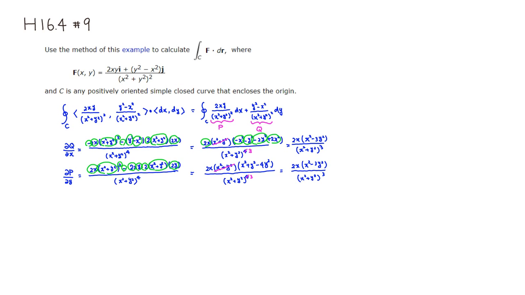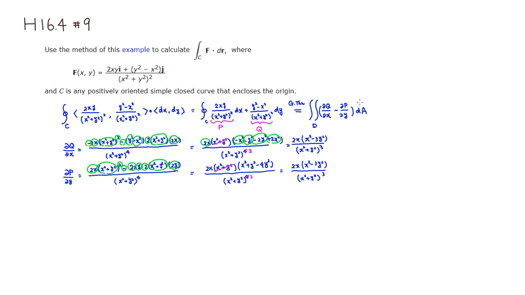Which means that by applying Green's theorem, it's going to be a double integral over the region D, whose boundary is this closed curve C, of the partial of Q with respect to x minus the partial of P with respect to y, and then the area element.